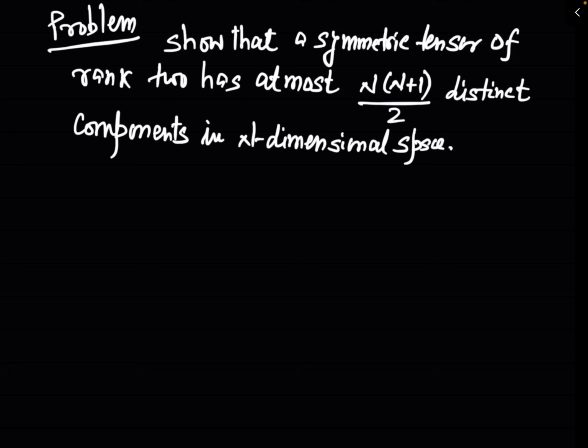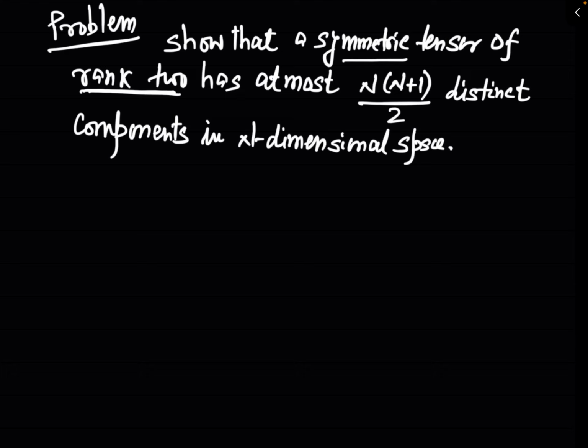See this problem. Here two things are to be marked. First of all, the tensor is symmetric, and it is not any tensor, but just a tensor of rank 2. So the result which we have to prove will be valid only when the tensor is of second rank, not for other ranks of tensor.